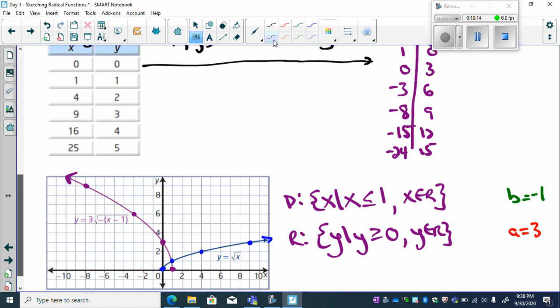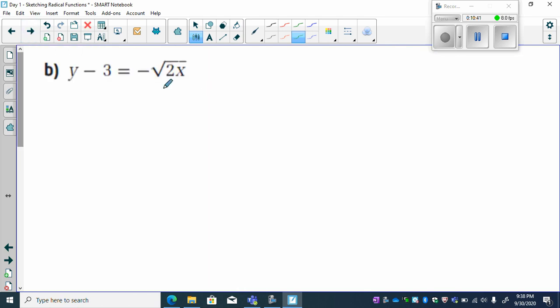So this is your k value. This is my h value. The reason this is a less than is because b is negative. The reason this is a greater than or equal to is because my a is positive. There it is.